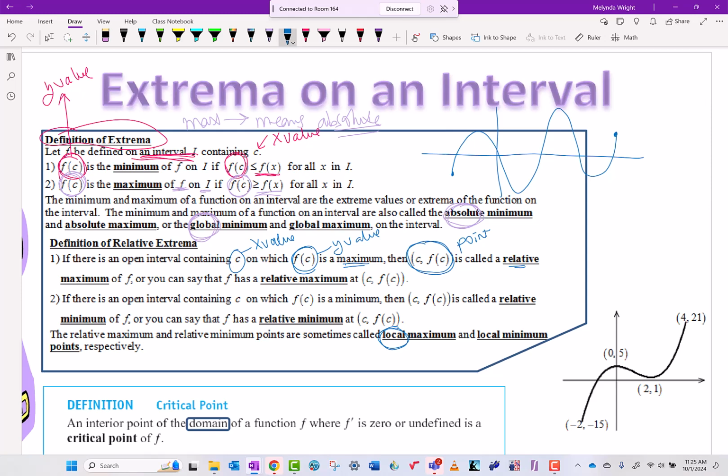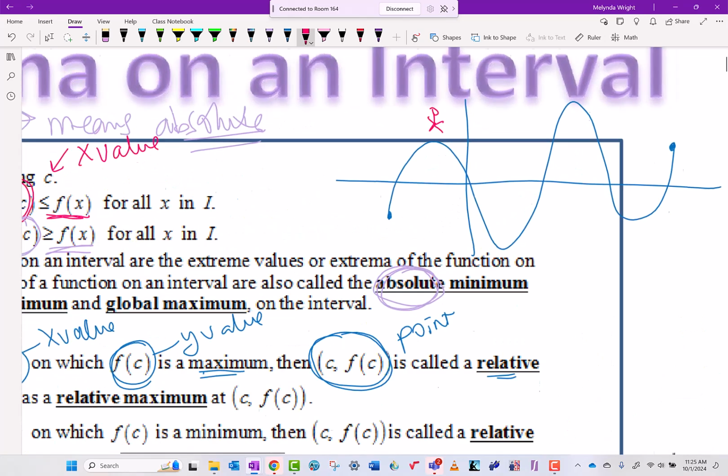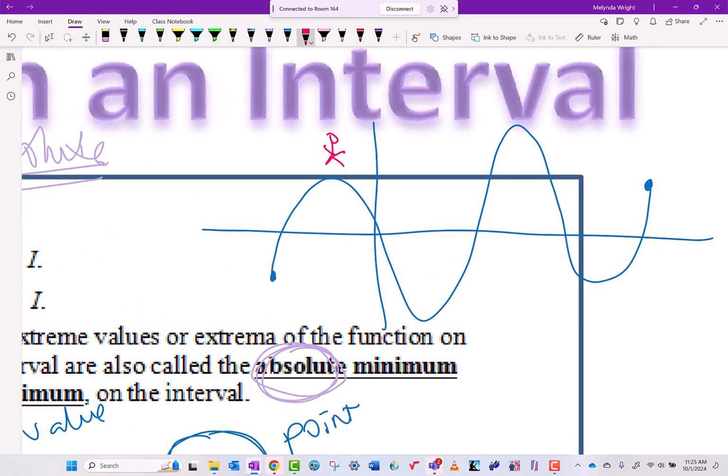So consider yourself like you're standing on a mountain right here. Don't laugh at my person. We're standing on a mountain. We look to the left and to the right, and we are at the very largest place on the mountain. Are you with me? We're the very largest.